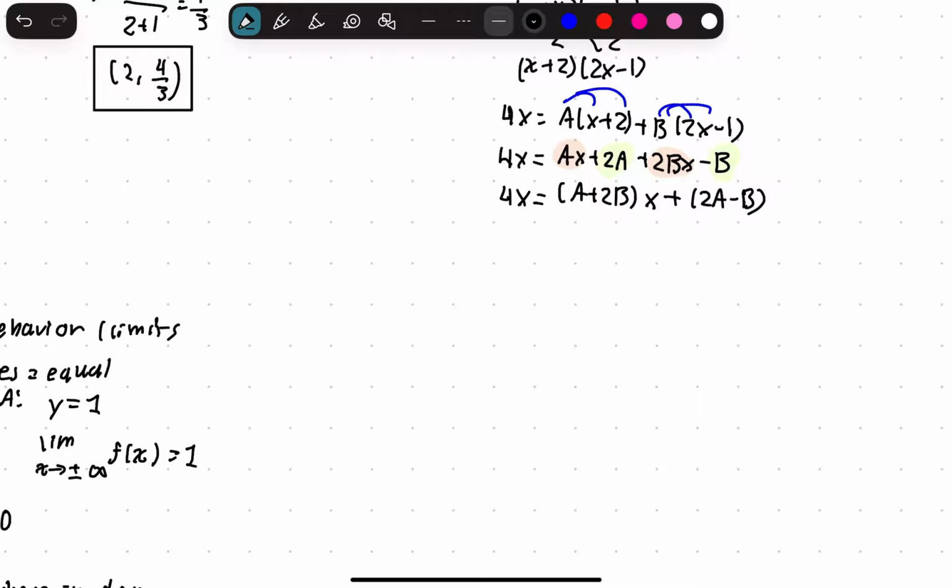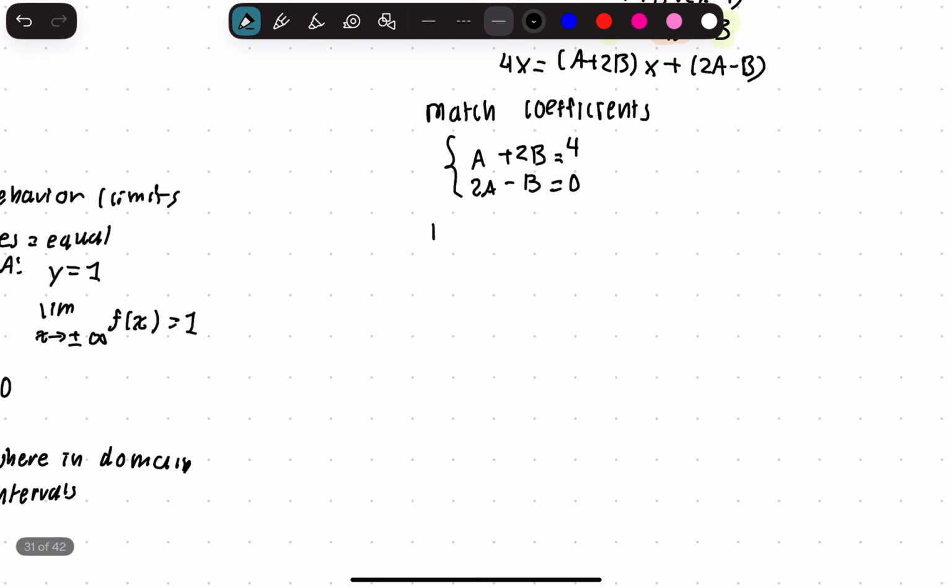And then now we want to match coefficients in a linear system. So now we have A plus 2B equals 4, and 2A minus B equals 0. Now from equation 2, we have that B is equal to 2A.